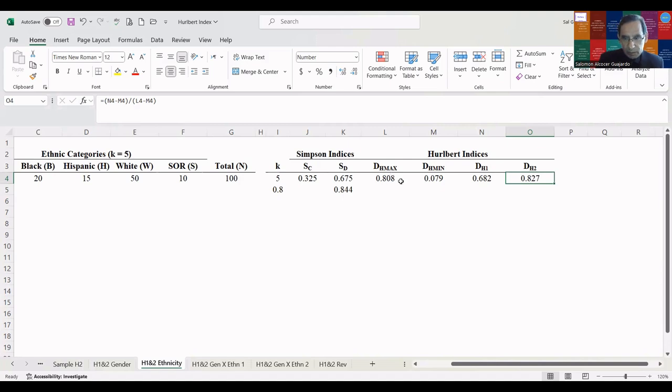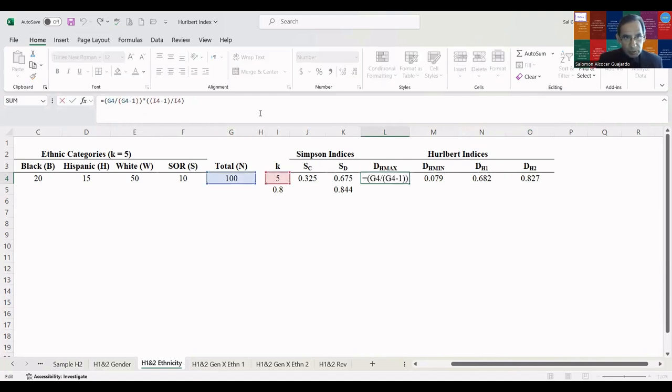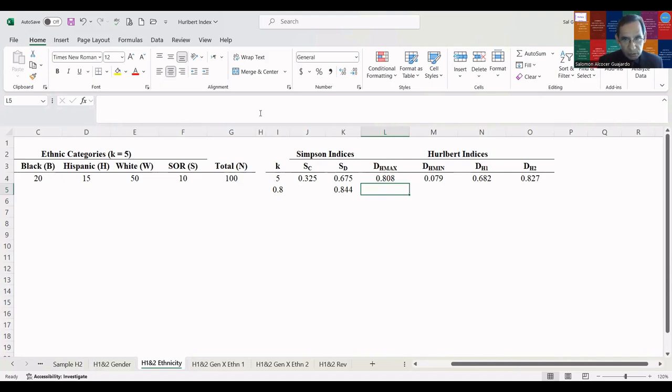Again, like I did in the previous segment, the maximum score is going to be the total number of individuals times the total number of individuals minus 1 times the number of groups minus 1 divided by the number of groups. So in this case, k equals 5, so it's going to be 4 divided by 5. When I apply that formula to the data, that gives me a maximum score of 0.808.